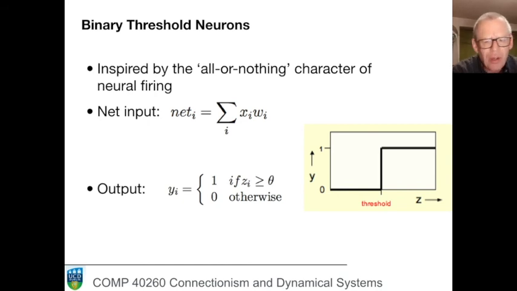I shouldn't say neuron, it's units. These are the kind of activation function found in the perceptron. And indeed, these were derived from Warren McCulloch's original observation that a spike in a neuron has this character of being all or nothing, of being there or not there.